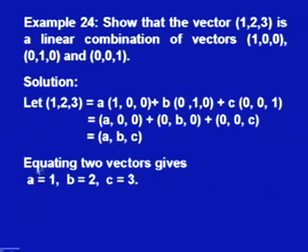If we equate the two vectors from the left hand side and right hand side, they will be equal component wise, and that means A will be 1, B will be 2 and C will be 3.